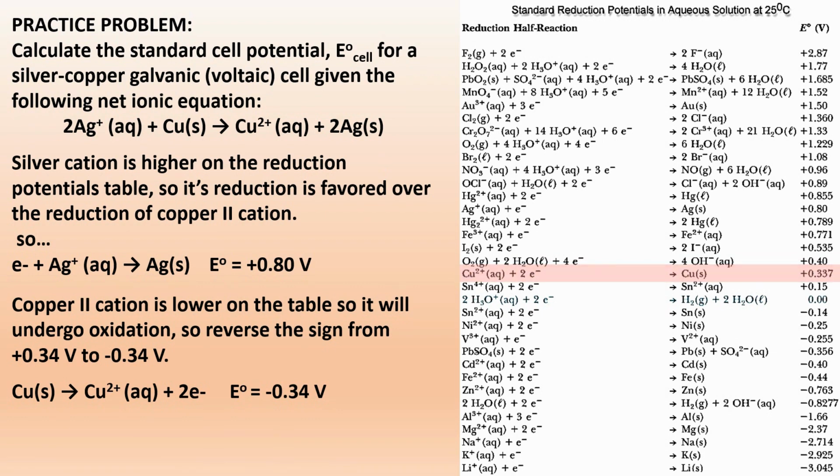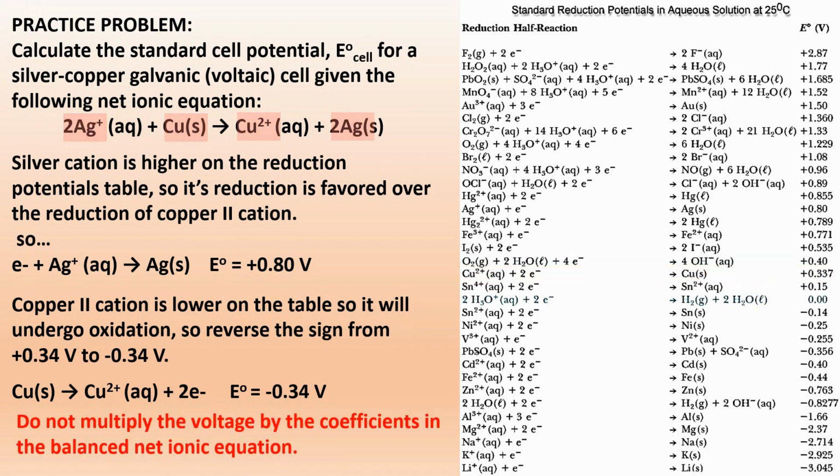So the half reaction becomes solid copper produces aqueous copper 2+ cation while releasing 2 electrons, and the oxidation potential for this process will be negative 0.34 volts. Remember, do not multiply the voltage by the coefficients in the balanced net ionic equation.